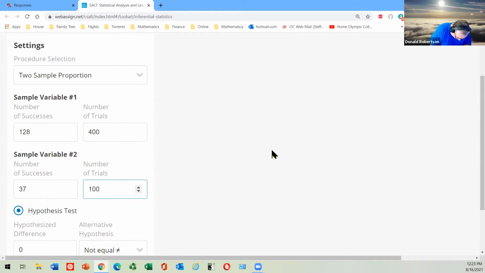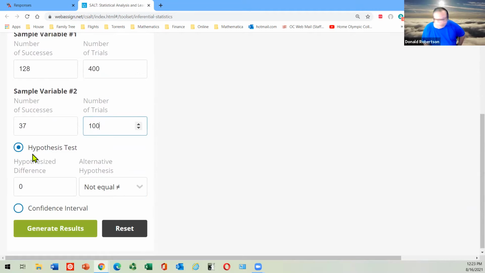And then for sample 1, you pick 128 out of 400. Sample number 2, you pick 37 out of 100. So far, so good. Now, you see that little guy says hypothesis test? Make sure that one's got the little dot in it, because that's what we're looking for.